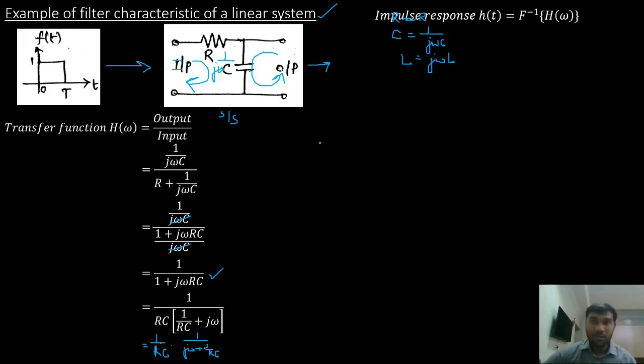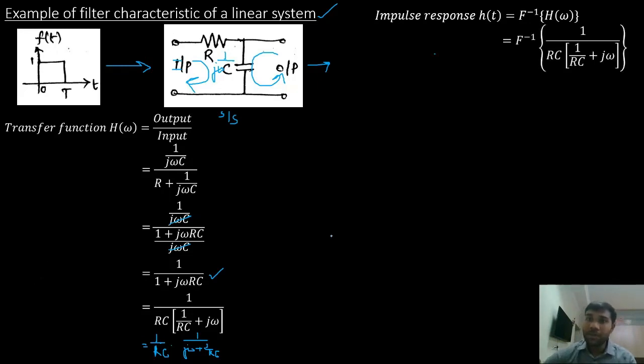Now I'm going to find the impulse response. That is nothing but the inverse Fourier transform of my H of omega. Since 1 by RC is a constant, I'll take it outside. What is the inverse Fourier transform of 1 by j omega plus A? It is e power minus at into u of t.